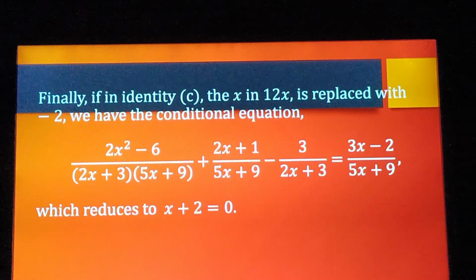So 12 times negative 2 is negative 24, and then plus 18, that would be negative 6. So it's 2x squared minus 6. And when this conditional equation is solved, it reduces to the linear equation x plus 2 equals 0, which indicates again that x equals negative 2 is the solution to this conditional equation.